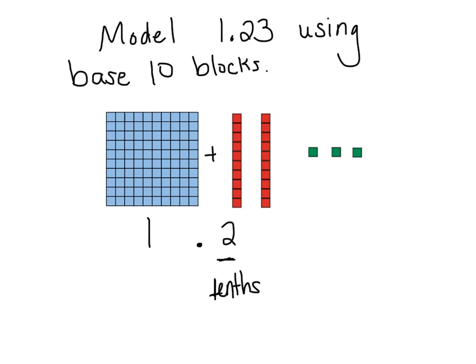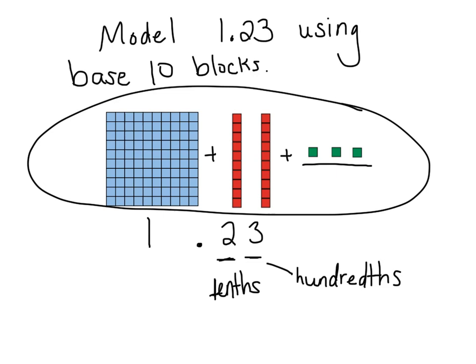And then 3, and remember these are each hundredths here, so if we add that to it, then the hundredths place is right here, and you would put those 3/100ths over there in that place value. So this model altogether would represent 1 and 23/100ths.